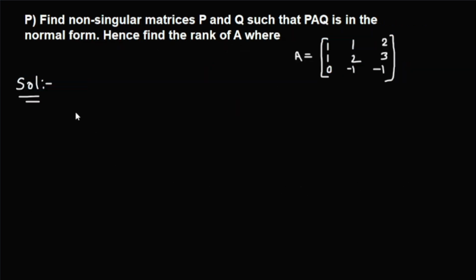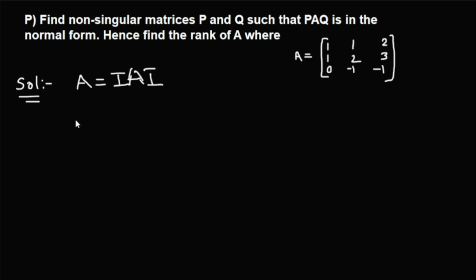You will understand better. Find non-singular matrices P and Q such that PAQ is in the normal form. Hence find the rank of A. Right. So you are given this matrix A. First of all, we write A equal to IAI.